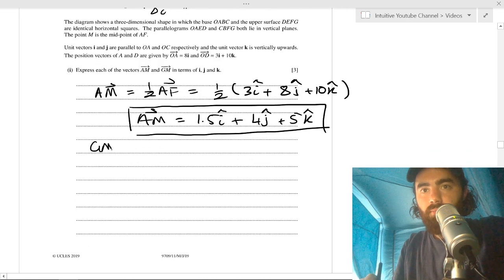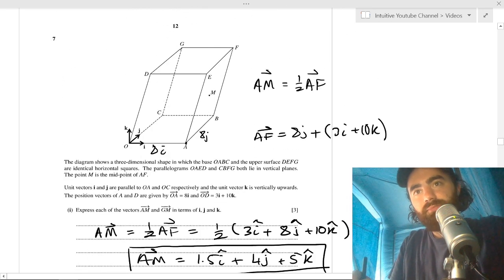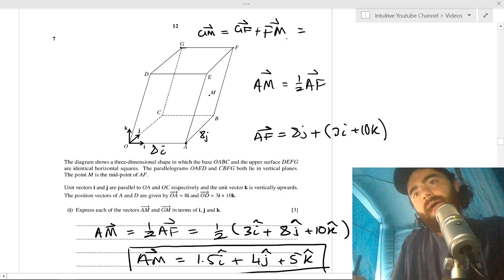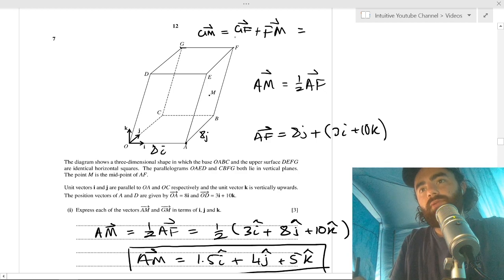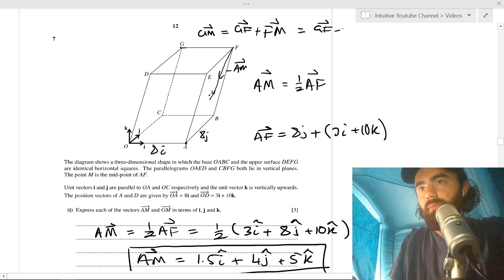And then let's find our GM. Our GM is going to equal our GF plus our FM. And because M is the midpoint, AM is the same as MF. So our FM is just going to be minus our AM. So this would be GF minus AM.